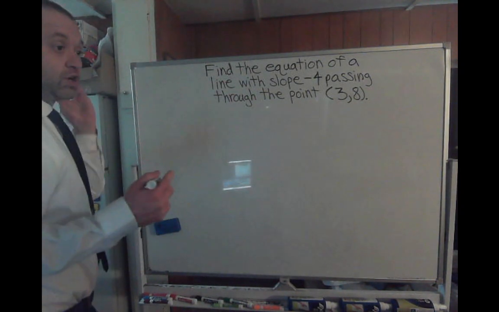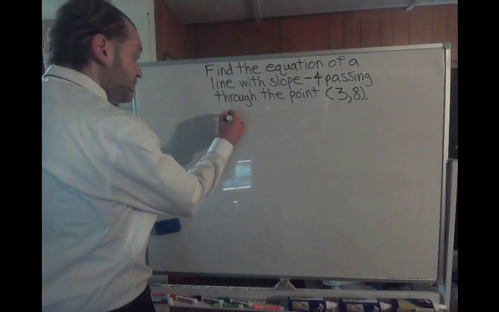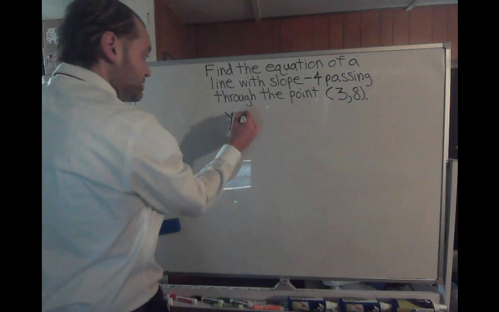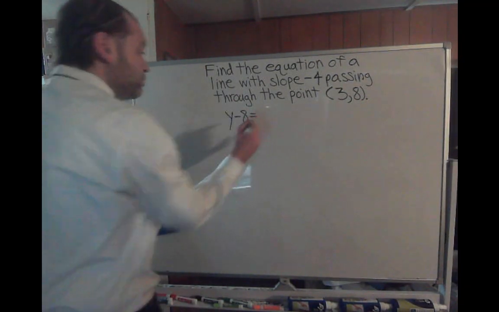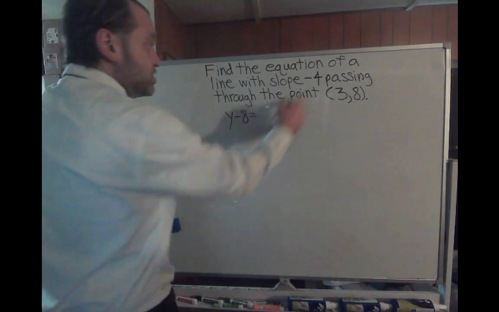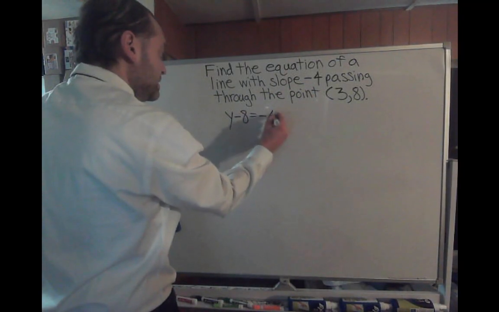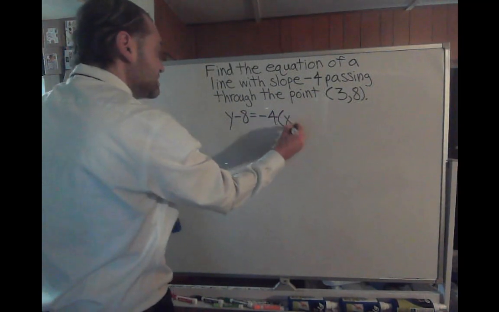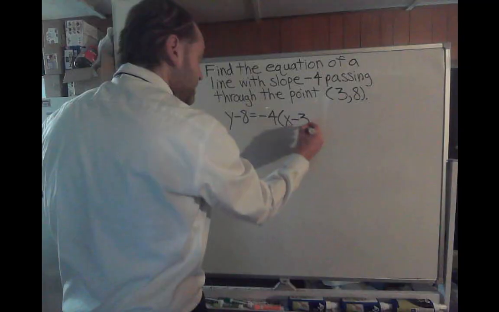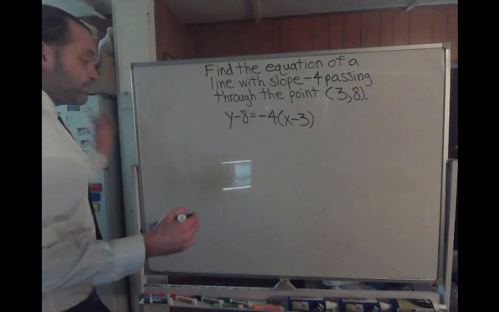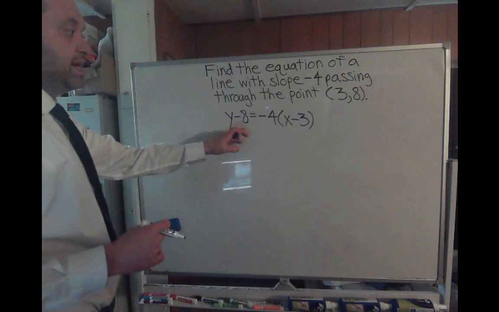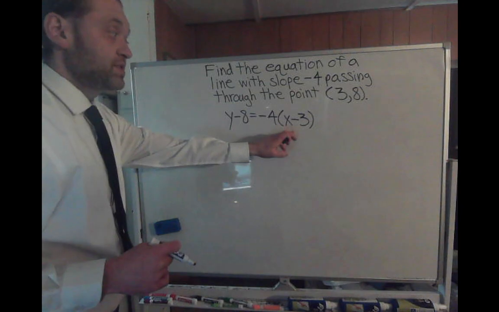So again, start with your point slope form, which would be y minus the y coordinate of the point it passes through, which is 8. Set that equal to your slope m, which is -4, times the quantity of x minus the x coordinate of the point it passes through, which is 3. Okay, so you start with y minus 8 equals -4 times the quantity of x minus 3.